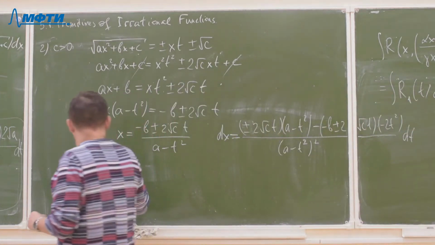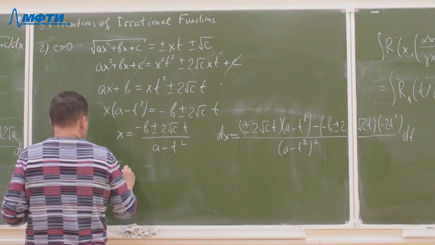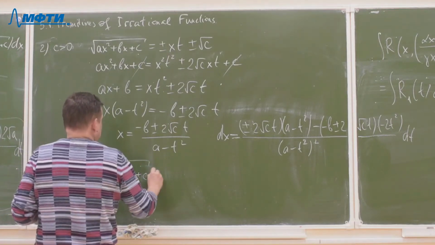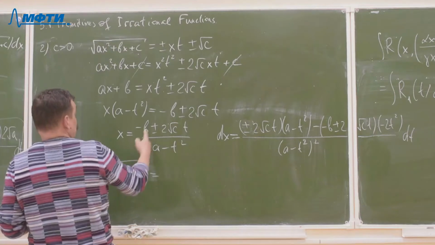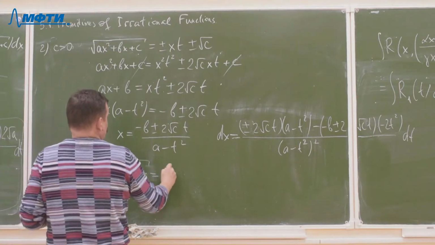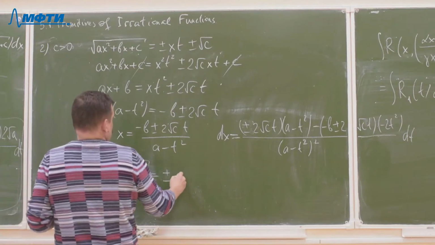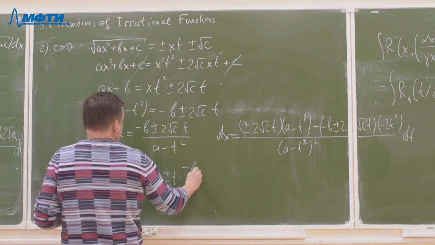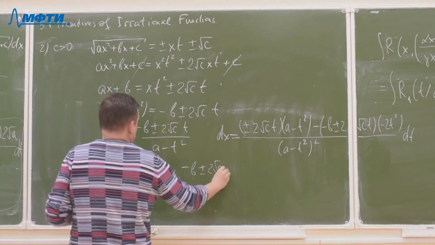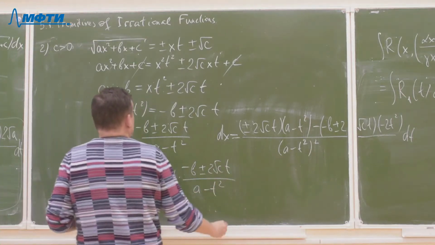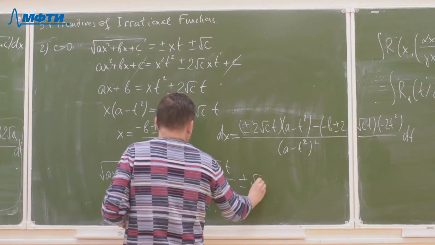And square root of ax squared plus bx plus c equals, we should substitute, plus minus t times (minus b plus minus 2 square root of c t) over (a minus t squared) plus or minus square root of c.